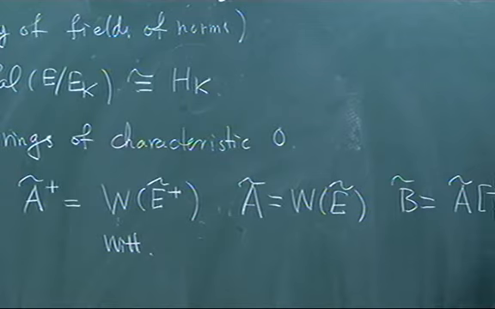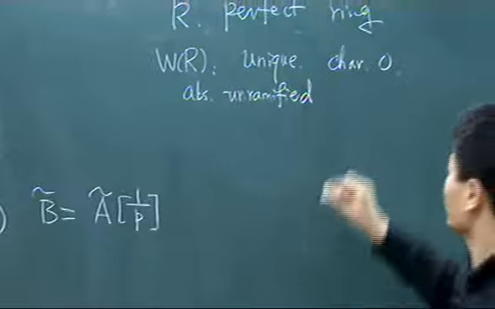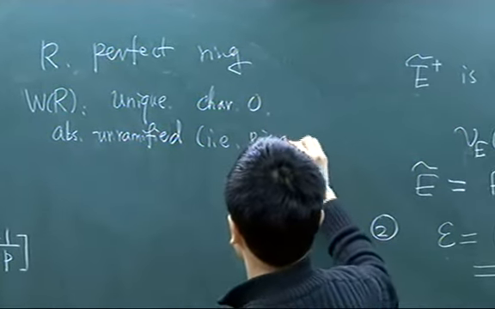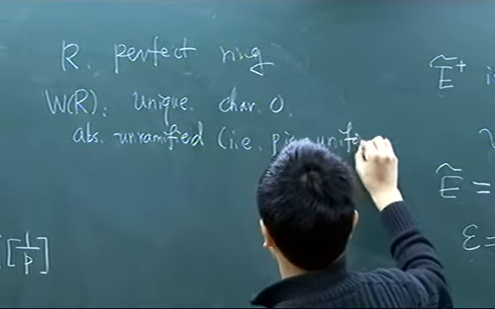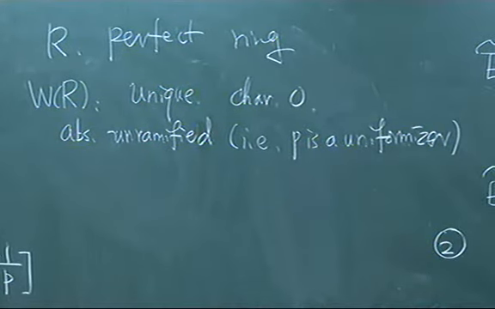W(R) is certainly unique, of characteristic 0, and absolutely unramified. What does absolutely unramified mean? It just means, i.e., p is a uniformizer. And the residue field is R.